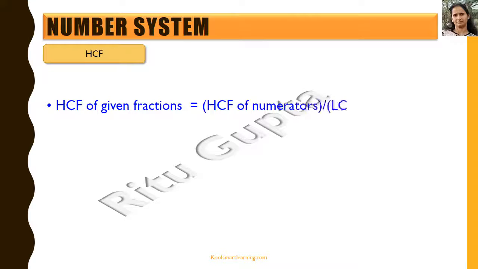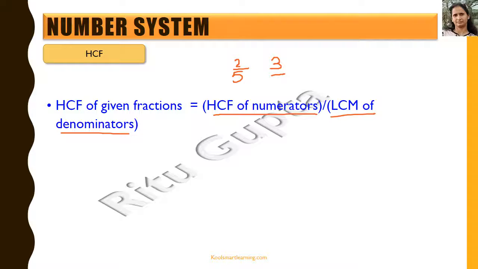Now let's look at HCF. So HCF for general numbers, for the natural numbers, we've studied in earlier classes. Now what is the HCF for a given fraction? It is given by HCF of the numerators divided by LCM of the denominators. Say for example, we have to find an HCF of 2 by 5 and 3 by 8.